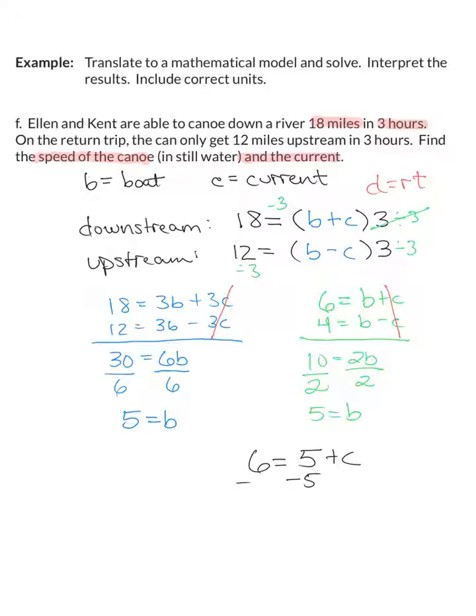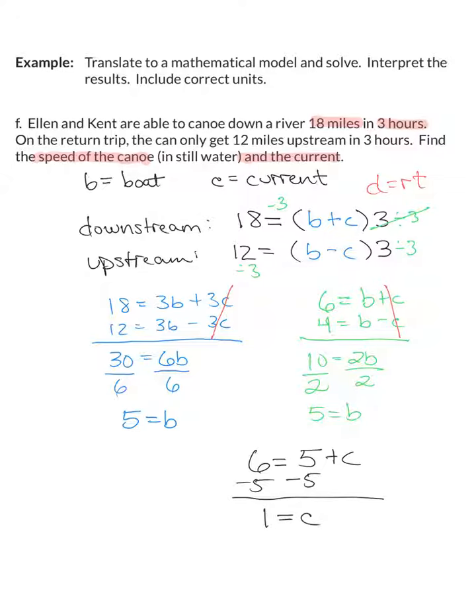And in order to solve for c, I subtract 5 and I get 1 equals c. Whereas if we had plugged this into the ones on the left, we would have had to multiply, subtract, and then we would have had to divide. But ultimately, it's up to you in terms of what makes more sense.